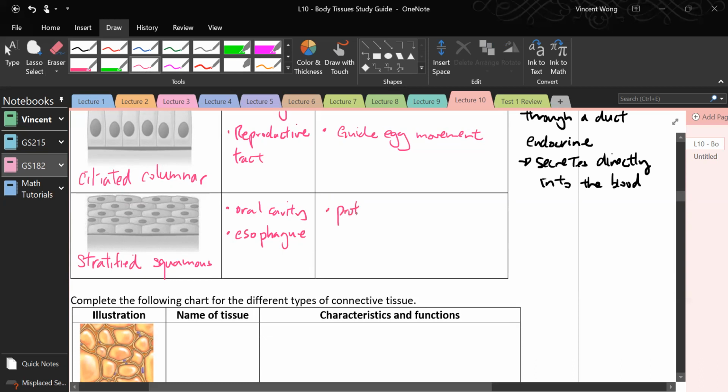So, protection from abrasion. And sometimes they're even good for things like dehydration. If you have many layers, it's not easy for moisture to escape through them. So in parts of the body where you want to keep the moisture, like your skin, for example, you would have stratified squamous.